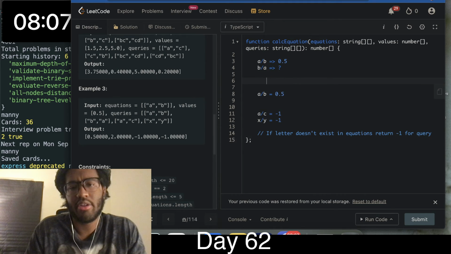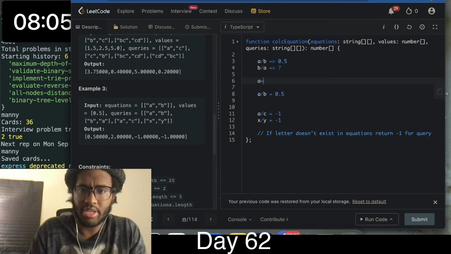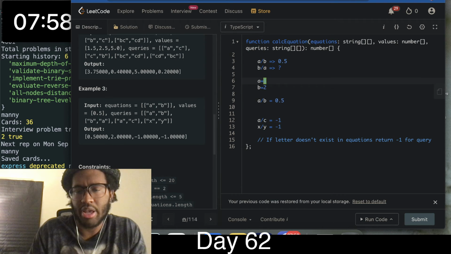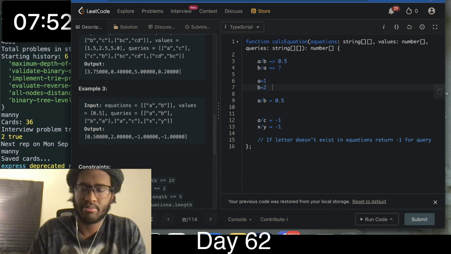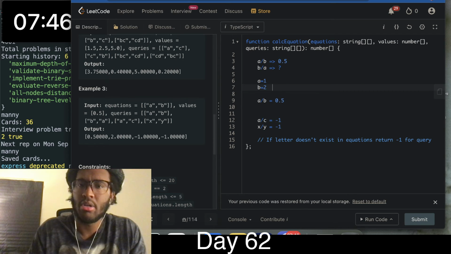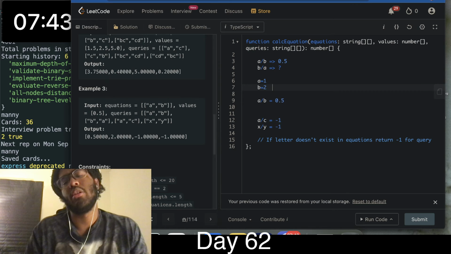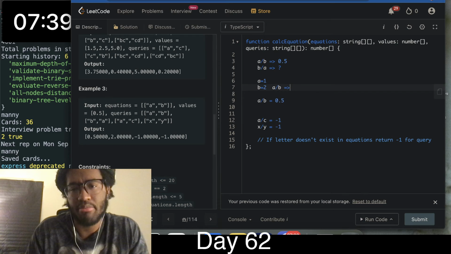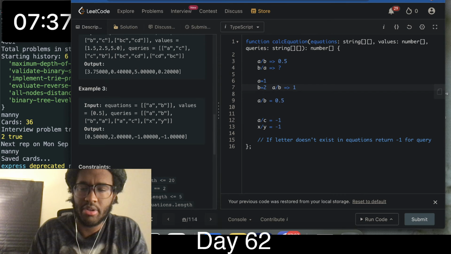For example, if you had, let's say a equals 2 and b equals 1, or a equals 1, b equals 2, a over b would be 0.5, and then b over a would be what? A over b times 2, which would be 1.